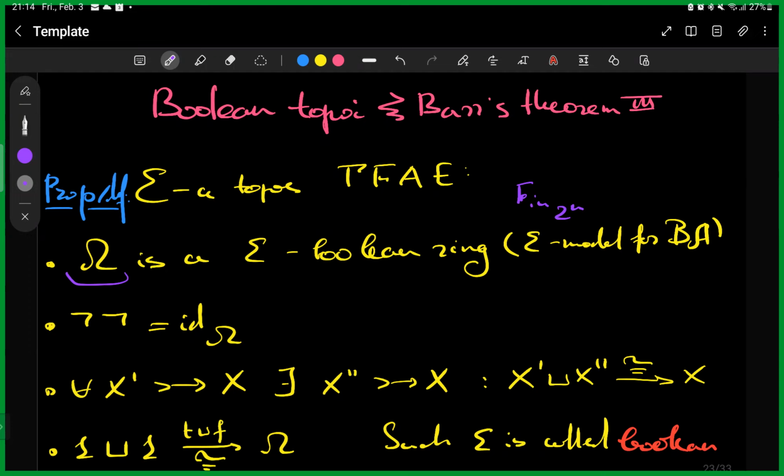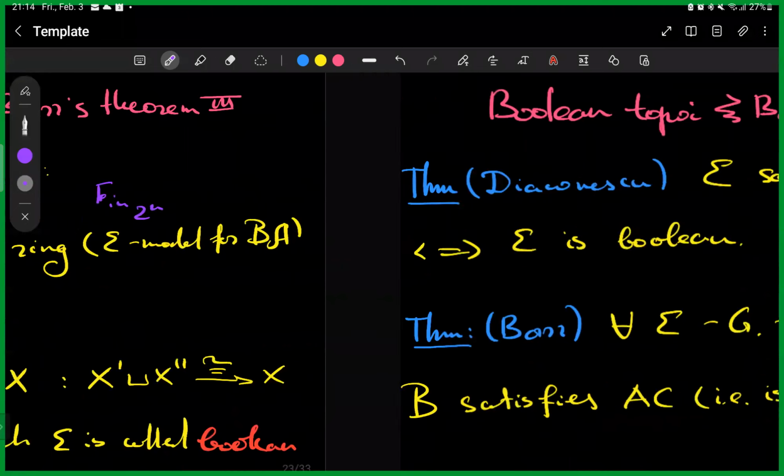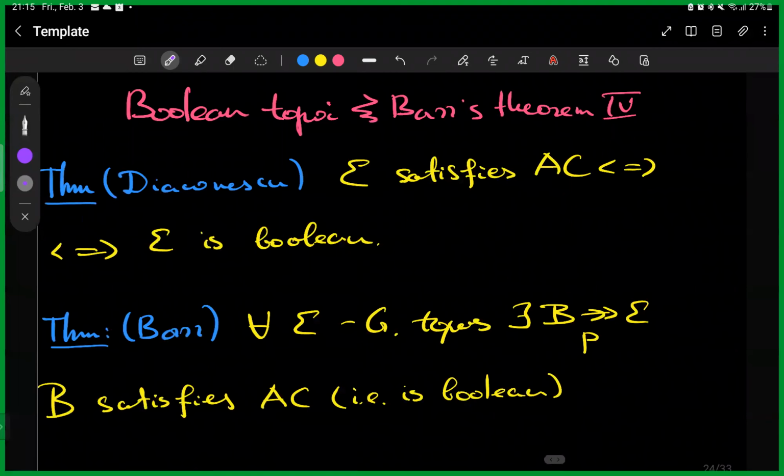But as the following theorem due to Barr shows, actually each Grothendieck topos can be resolved to a Boolean topos. So maybe the topos itself is not discrete, but there exists an epimorphism from a Boolean topos into this topos, and yeah, this sort of shows that any topos has a covering Boolean topos.